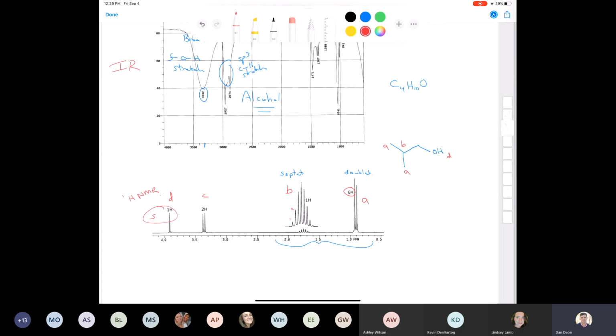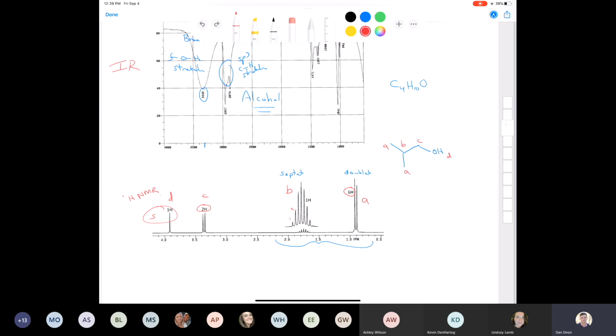Alcohols produce singlets, and the reason why is because of D2O exchange. They exchange with protons in the solvent, and the exchange is so rapid that it's faster than the coupling, and so we don't see any splitting for an alcohol hydrogen. Also, if we look at C, C is 2 protons, which are coupled next to 1 proton of the methine. 1 plus 1 gives you 2, and there's our doublet.